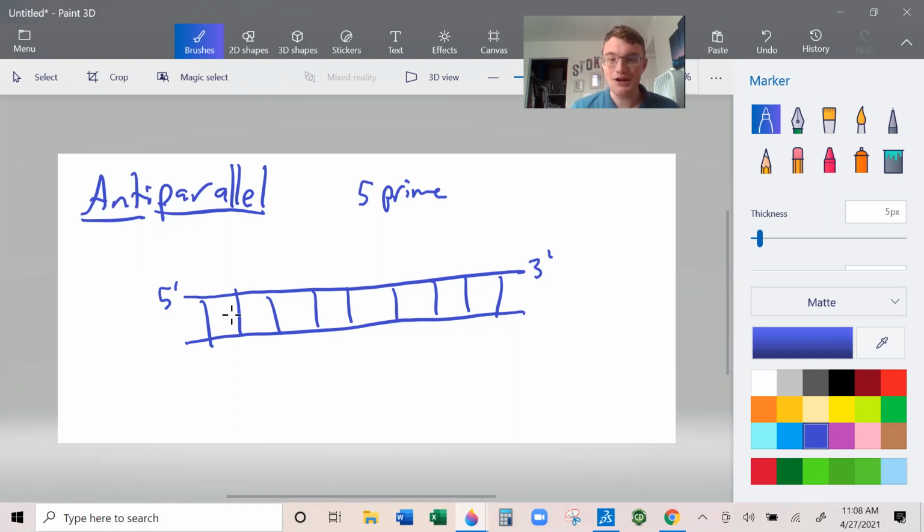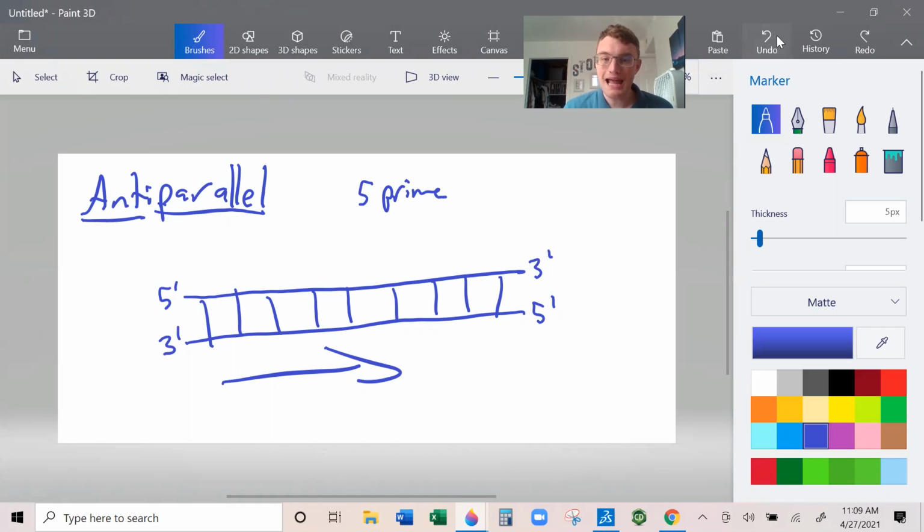But because these strands are antiparallel, what that means is if the 5 prime end of this strand is on the left side, that must mean the 3 prime end of the bottom strand, the opposite end of the bottom strand, is going to be across from it. So the 5 prime end of the top strand is on the left, the 3 prime end of the top strand is on the right, the 5 prime end of the bottom strand is going to be on the right, and the 3 prime end is going to be on the left, because they have to be traveling in opposite directions.